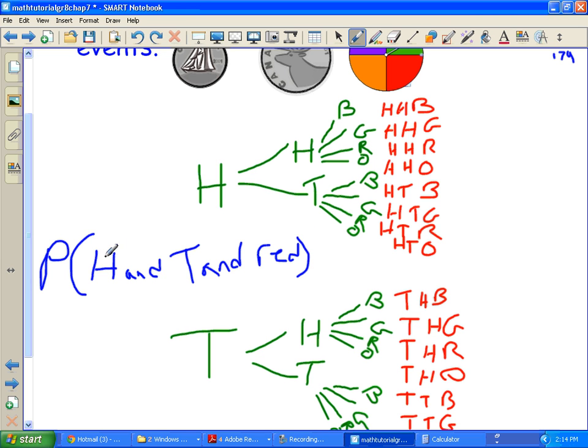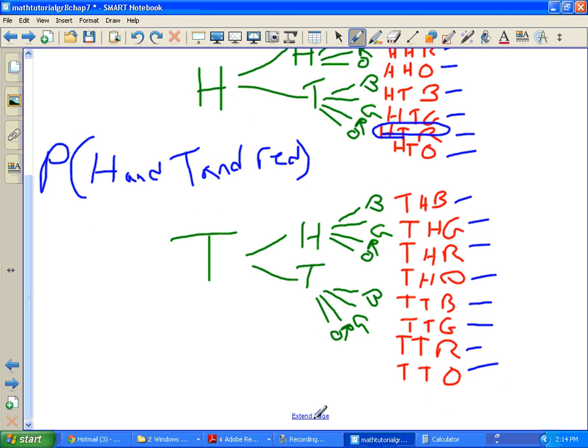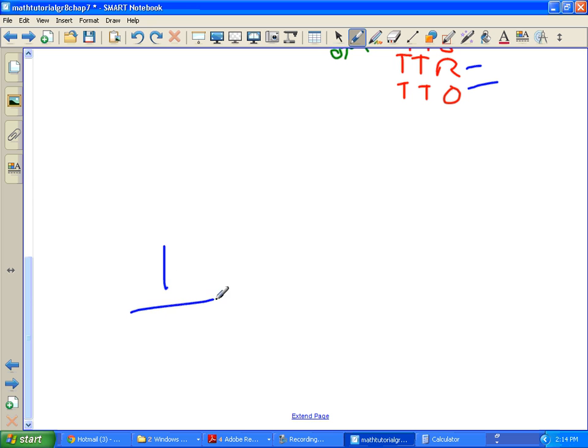Well, let's see, which one is head, tail, red? There's head, tail, red. So counting the outcomes, 1, 2, 3, up to 16, I have one chance out of 16 that it will be head, tail, and red.